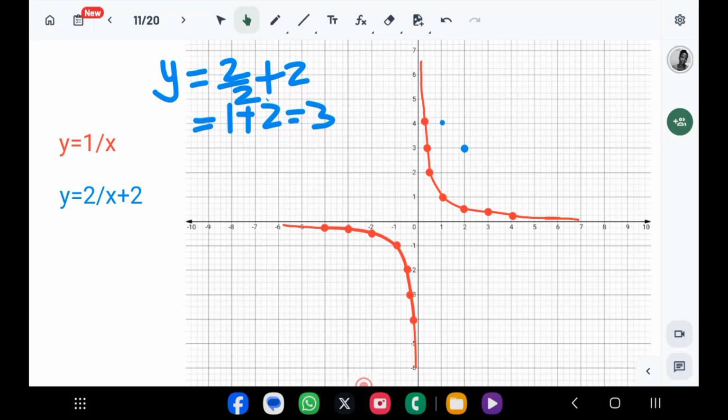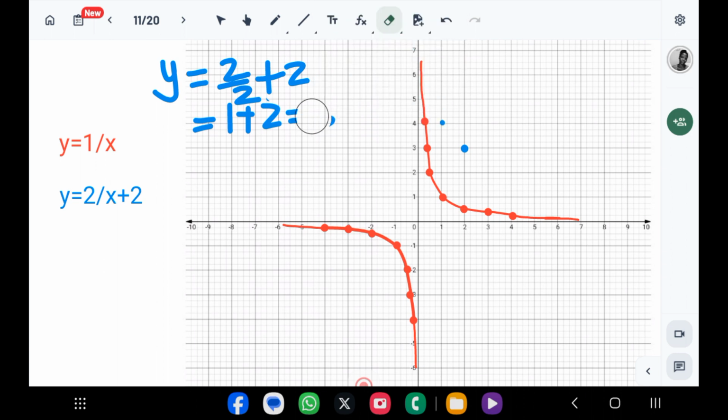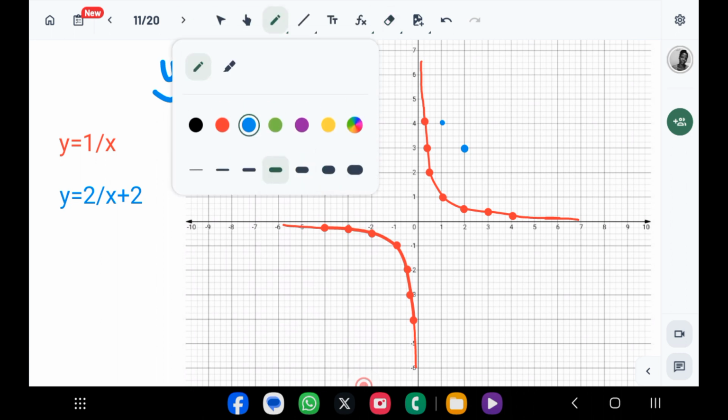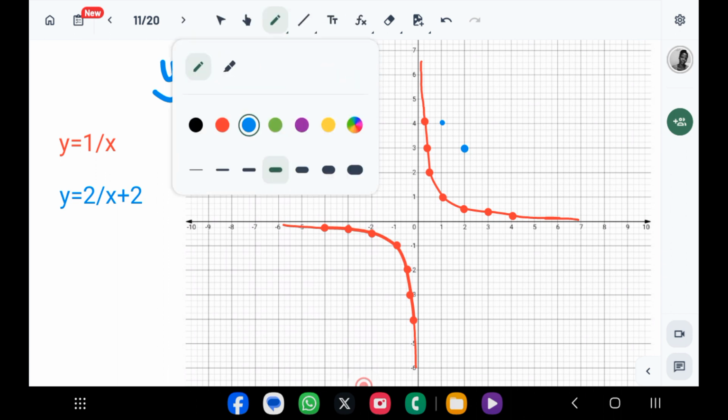When x equals 3, you get 2 and a fraction. Let's go to when x equals 3. That is 2 over 3 plus 2, so that is equal to 2 and 2/3.